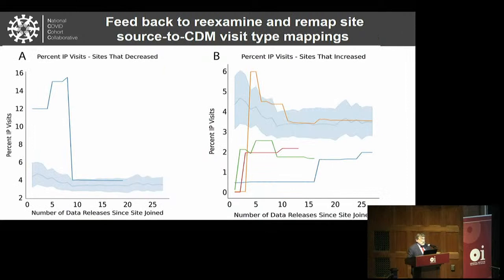Here's the percentage of sites where inpatient visits were out of whack, that the inpatient visits were lower than they should have been, and the sites on the right side where the percent of inpatient visits were brought to increase in a significant way and closer to the community norm. Sometimes these outliers are just a functional characteristic of the organization.